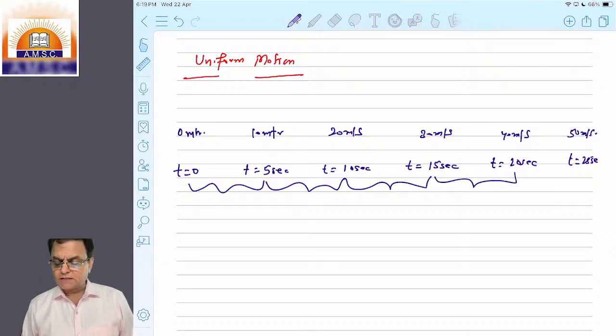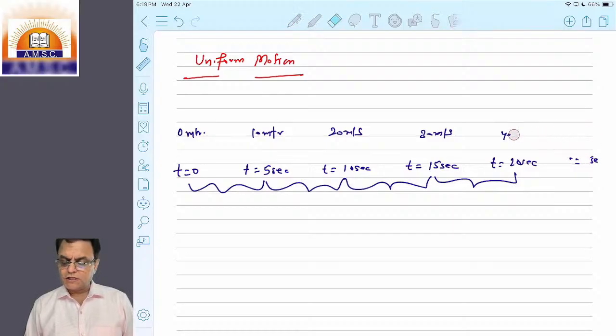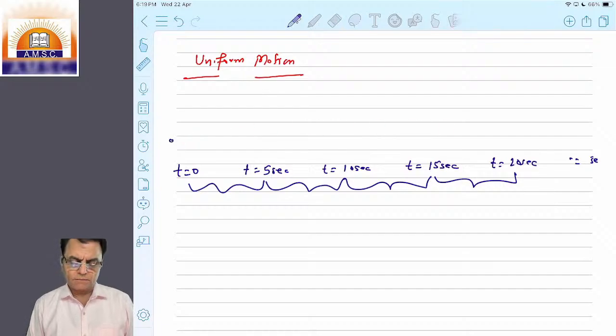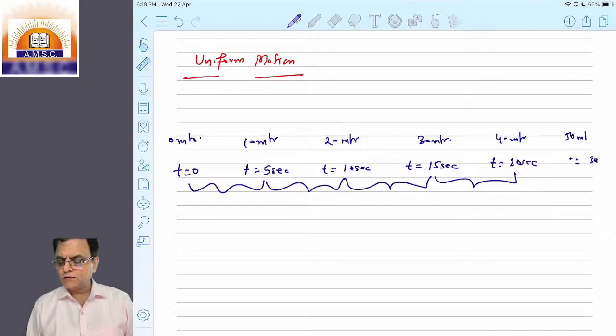In the next 5 seconds, the distance is 40. Please change this one. This is 0 meter. This is 10 meter. This happens to be 20 meter. This is 30 meter, this is 40 meter, and this is 50 meter, right?